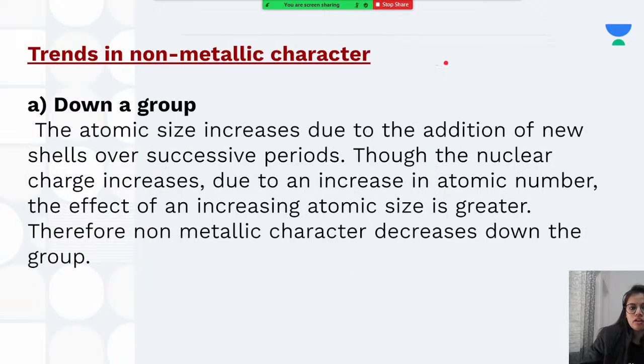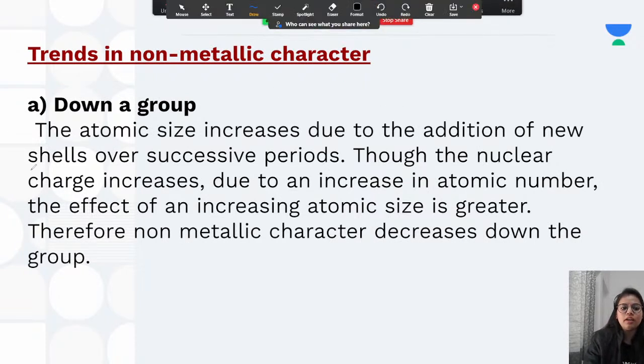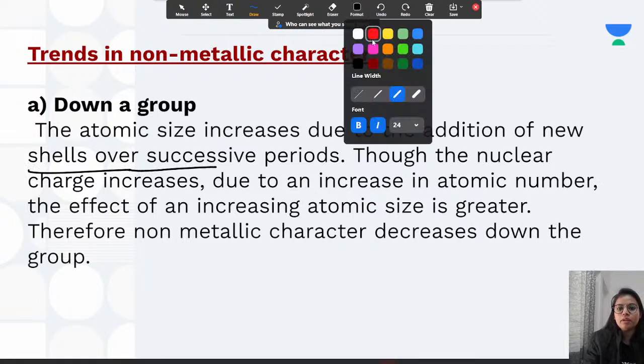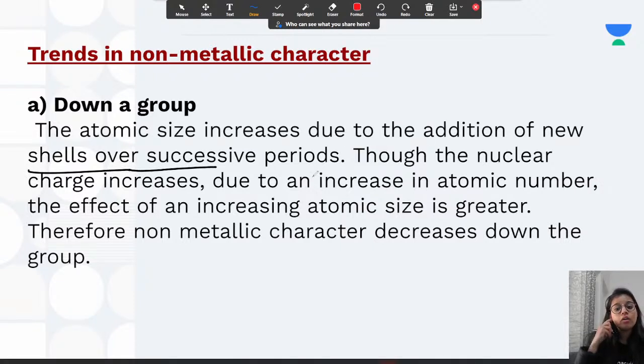Now talking about the trends in non-metallic character down a group. As we move down the group, what is happening? The atomic size is increasing. Why? Because new shells are being added in successive periods. Nuclear charge is also increasing, but as I told you, the atomic size effect overpowers the nuclear charge. So the effect of increasing atomic size will obviously be greater.